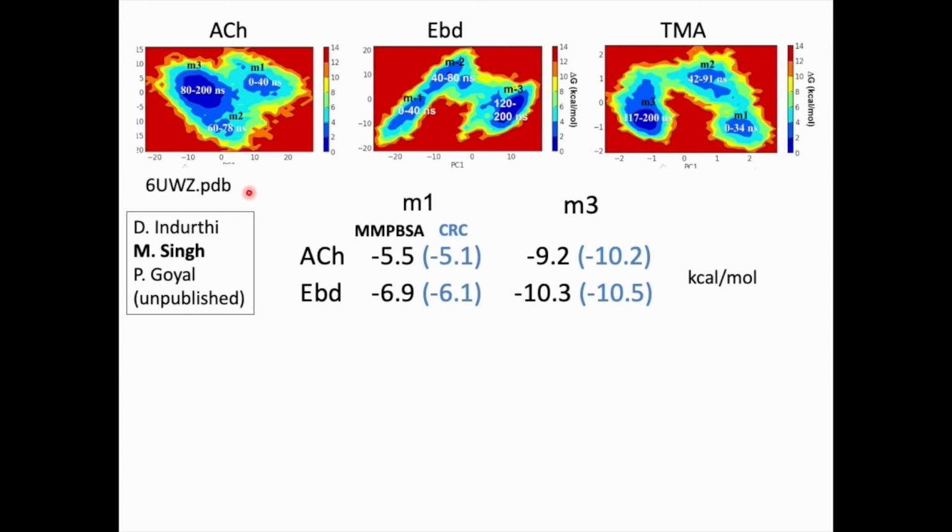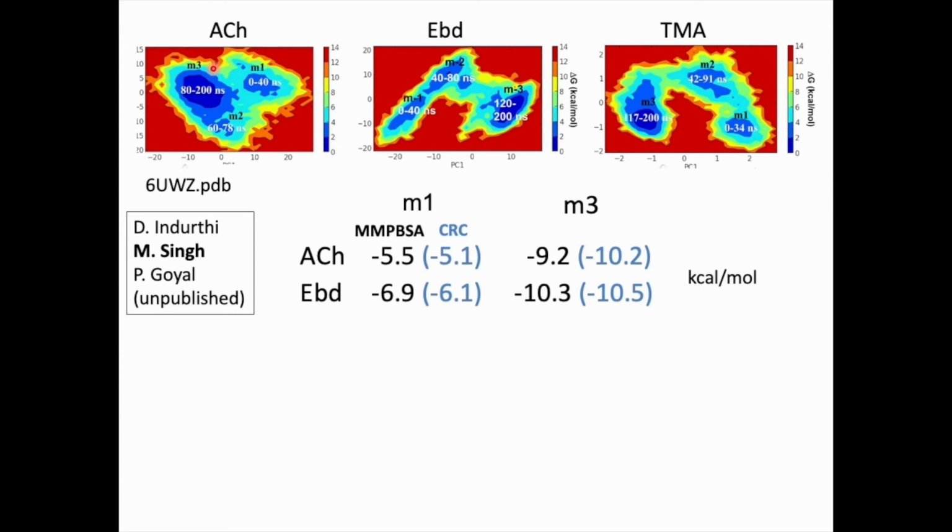Basically, what we did is we took this PDB file, which is a muscle-type nicotinic receptor complex with bungarotoxin, and we removed the bungarotoxin and docked in various ligands, did a preliminary equilibration, and then ran 200 nanoseconds of MD simulations. And these three plots shown up above are a principal component analysis of those 200 nanosecond trajectories, in which case we found for all three agonists, we were able to identify three different subpopulations called M1, M2, and M3.